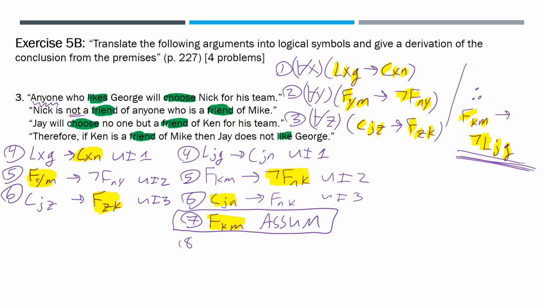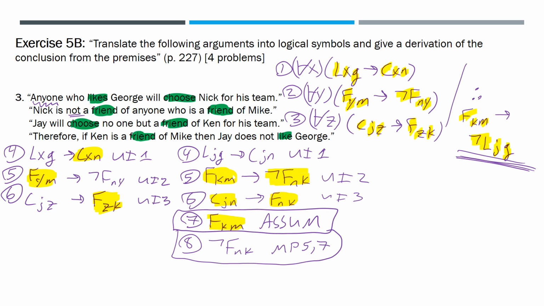For line 8, what can we get? Well, we made the assumption on line 7 of FKM, so we can do a modus ponens inference from line 5. So for 8, we can get not FNK, modus ponens, 5, 7, under quarantine because we have an assumption. Line 8 tells us not FNK, and this contradicts or denies the consequent on line 6.